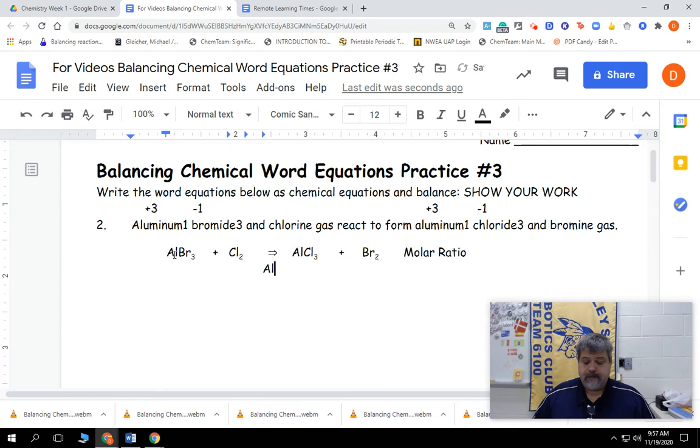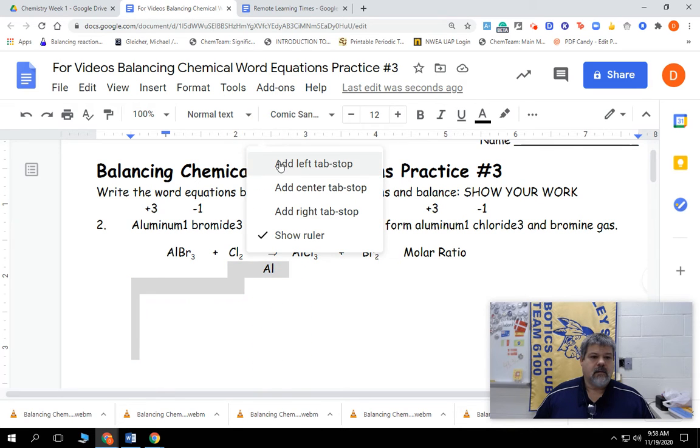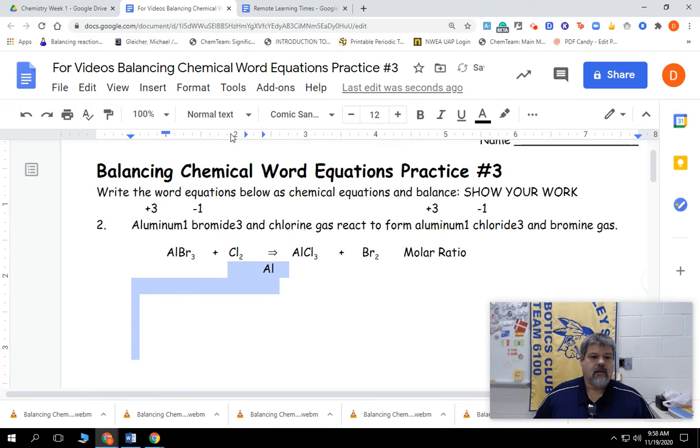So we have aluminum, and then I have bromine, so we're going to put Br there. And then we're going to go over to this again, and we have chlorine. Now, do I have the same thing on each side? Yep, aluminum, bromine, and chlorine.